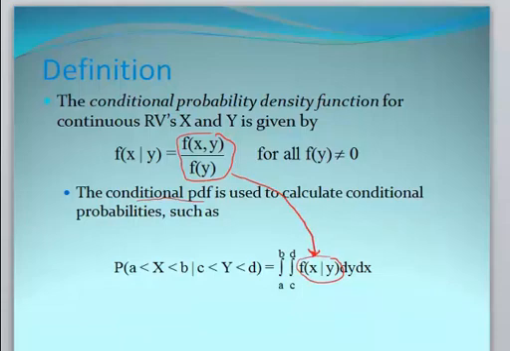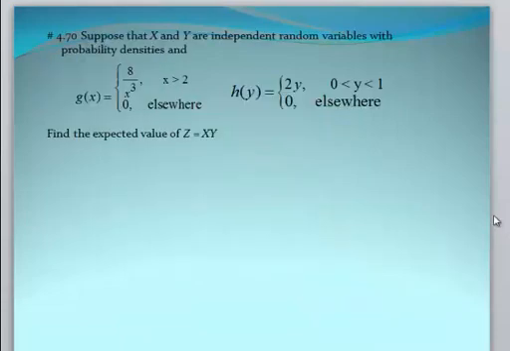So now we have a problem to do. Let's suppose that we have x and y and they're independent random variables with probability densities. In essence, what we're really looking to find is just the expected value. Z is equal to xy.